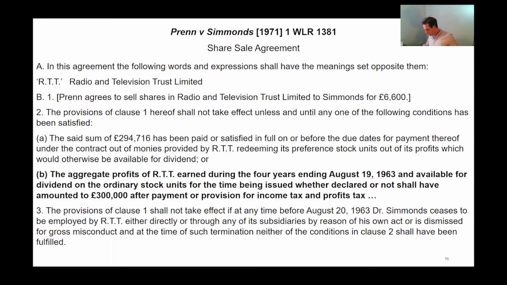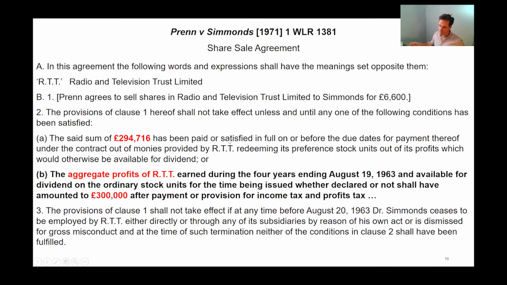And perhaps most significantly, Dr. Simmons could point to a purposive argument that the whole idea of this condition triggering the sale was to incentivize Dr. Simmons to generate profits for the RTT Group so that Mr. Pren could pay off what he owed on the acquisition. And if you didn't count group profits, that would defeat the whole purpose.